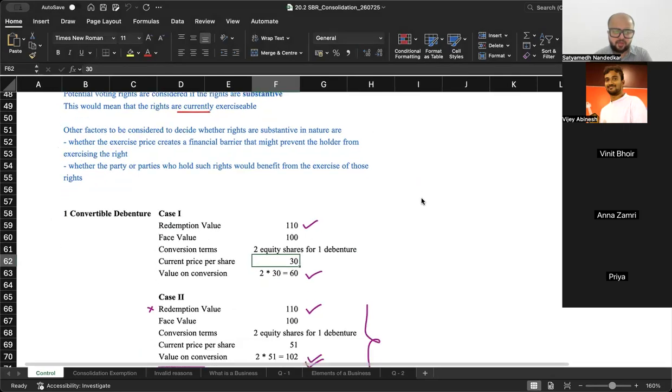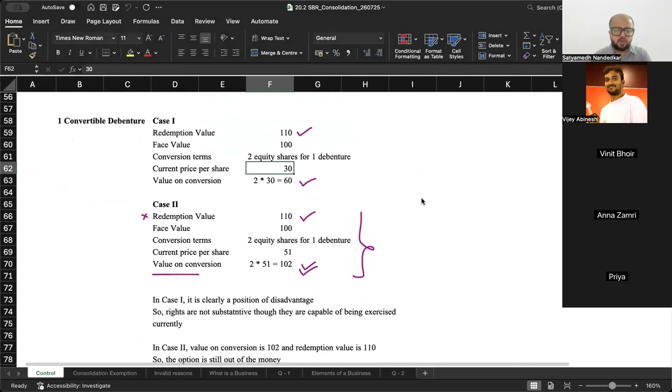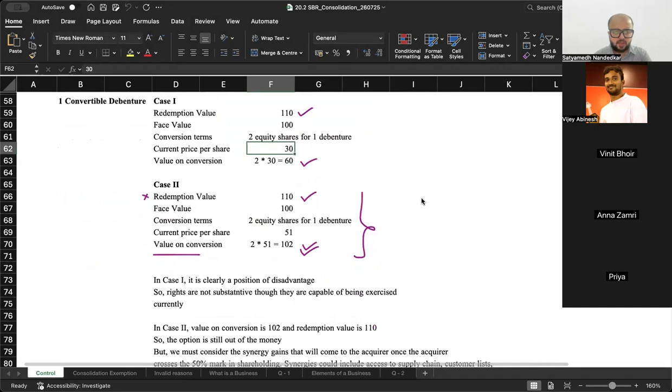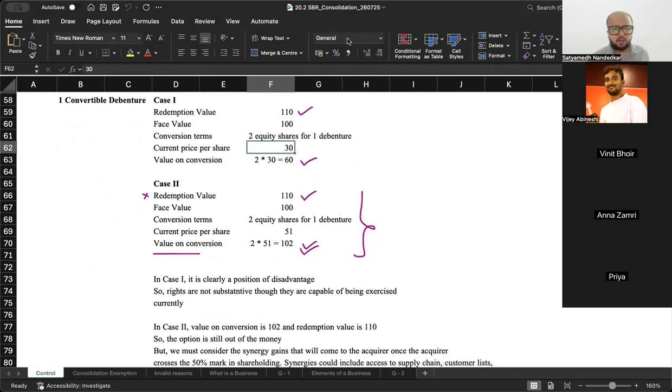Okay, I'll scroll a little further. Look at the two convertible debentures, case 1 and case 2, and how the two are different. Please try to understand.